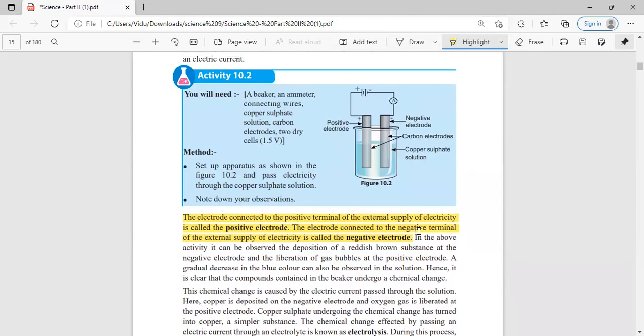In this activity, you can see deposition of a reddish brown substance on the negative electrode, and liberation of gas bubbles at the positive electrode.